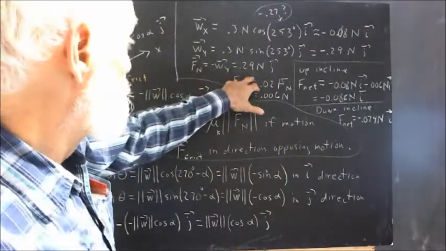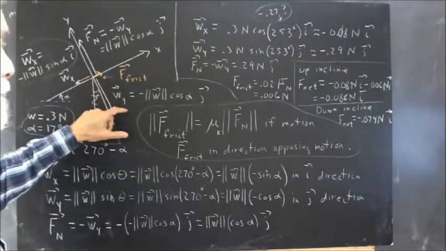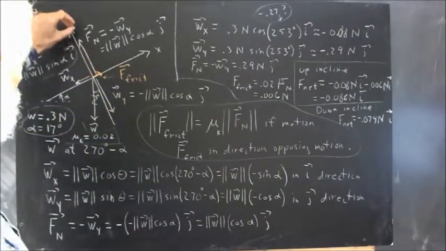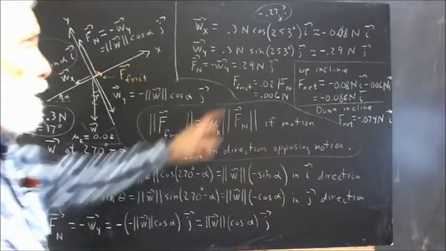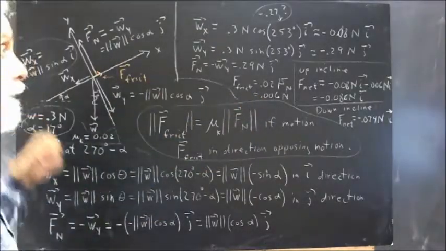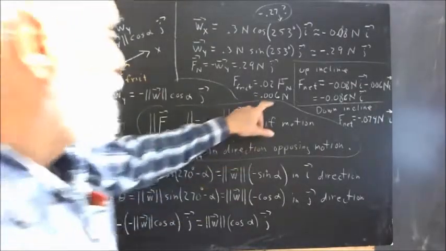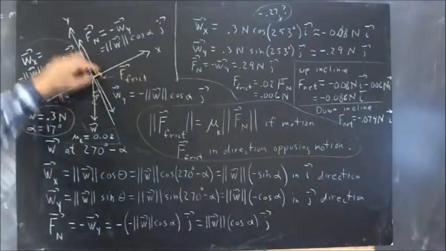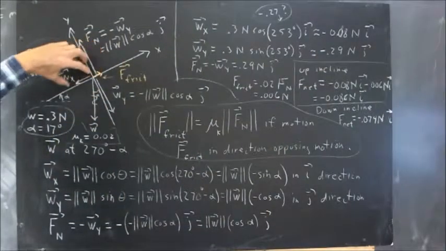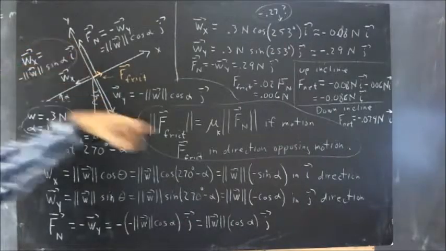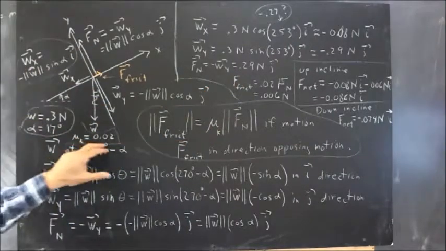The normal force being equal and opposite to the Wy, 0.29J being this vector, and the frictional force 0.006 newtons, actually less than 1/10 of this. That doesn't correspond very well with the picture. This vector is a lot bigger compared to Wx than what you would get with these conditions.